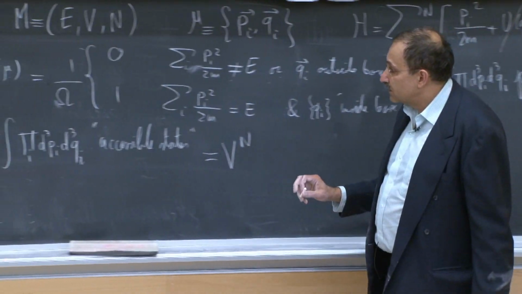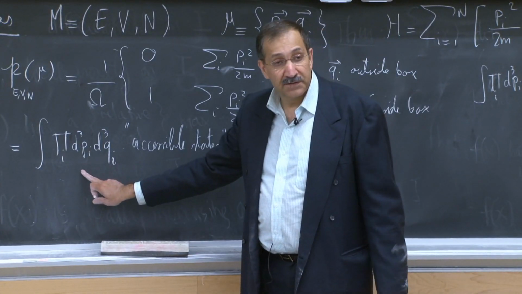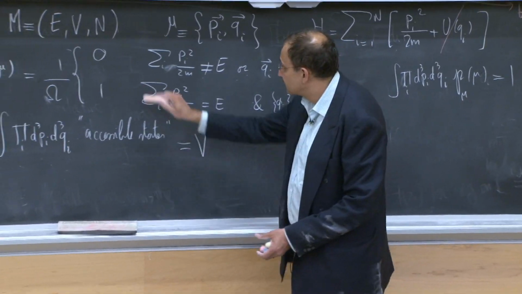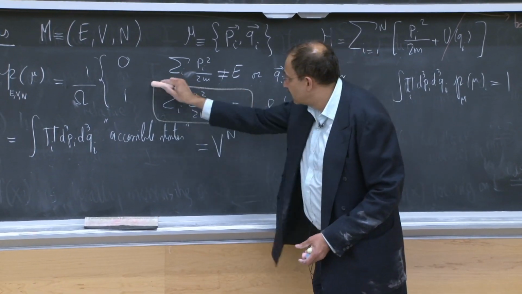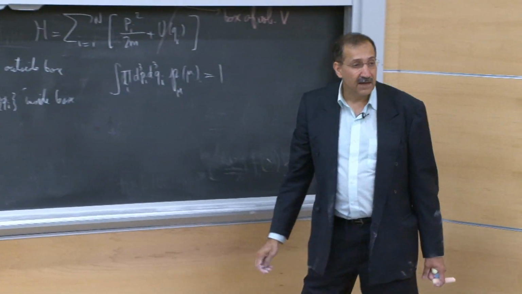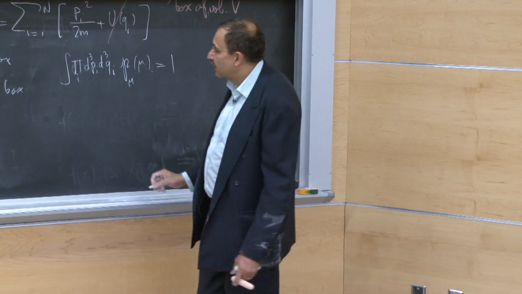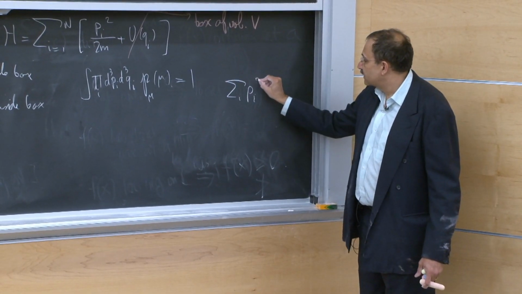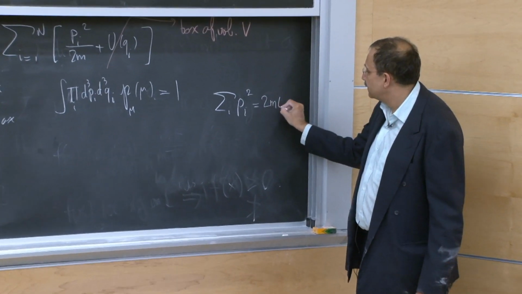Now, the momenta are constrained by something like this. I can rewrite that as the sum over i of p_i squared equals 2mE.